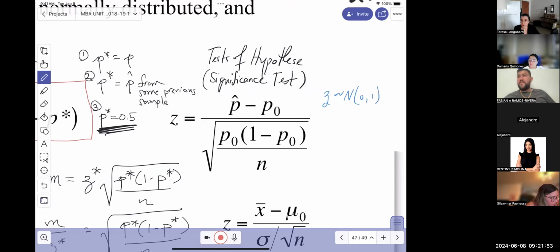Z is a standard normal with a mean of 0 and a standard deviation of 1. So how do I get the standard normal?